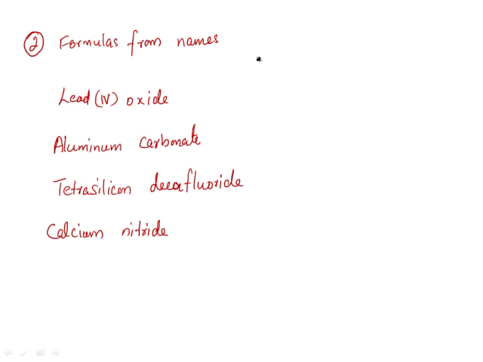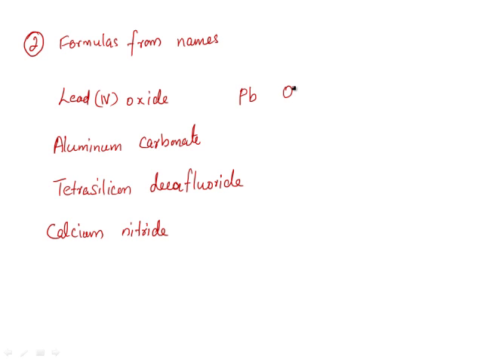Lead(IV) oxide, which one is positive, which one is negative? Lead is positive, oxygen is negative. So we first look at the periodic table. You figure out what is lead, what is oxide. Lead is Pb and oxygen we know is O. Now we have to figure out their charges. Remember, group 1 always has a 1 plus charge. Group 2 always has a 2 plus charge.